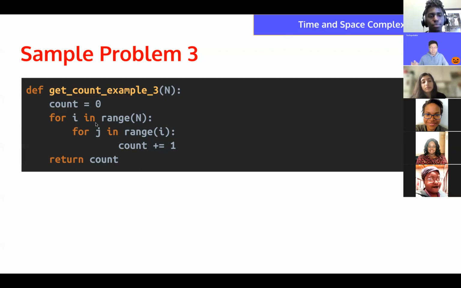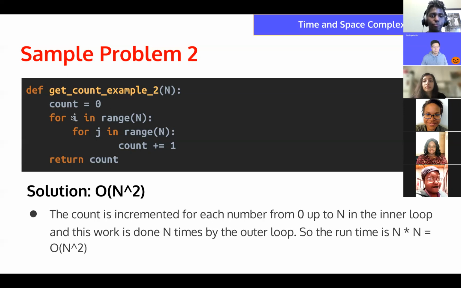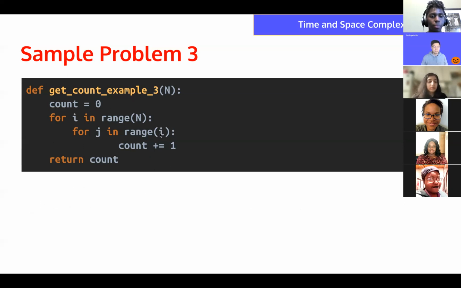Sorry, not counting from range i, counting from 0 up to i. This range function ends at element i, and this element i is being set by the outer loop. So it's not quite doing the same thing as the last one. For comparison, the previous inner loop goes from 0 to n, but this one goes from 0 to i. So it's a little different. I'll be curious to know if anyone knows the answer of what the runtime of this is.